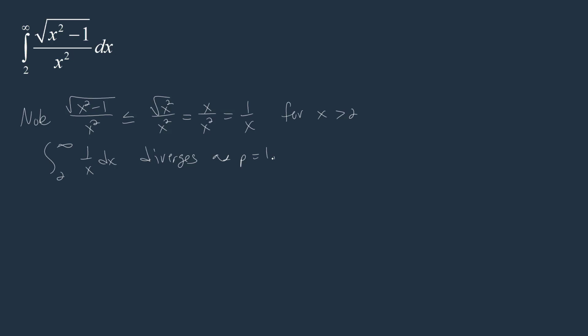Well, that's terrible. Because see, if we want to get that this were to diverge because this diverges, I would then need that this integrand is more than this. It's not, it's less than it. So unfortunately, the direct comparison test failed.